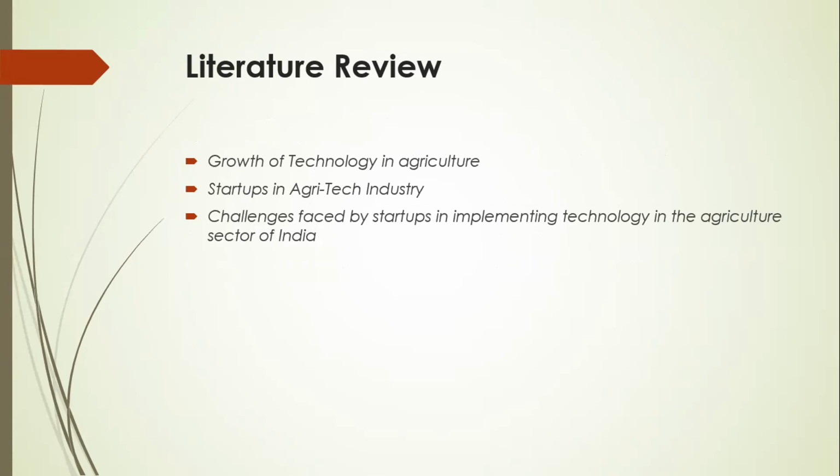The literature is majorly on these 3 points: how technology in agriculture grew, that is the growth of technology in agriculture; then startups in agriculture, the agri-tech industry, which is our major sample for the study; and the challenges faced by startups in implementing technology in the agriculture sector of India. These are the 3 premises where we have studied the literature, and then we came up with this paper along with the surveys that we have done.